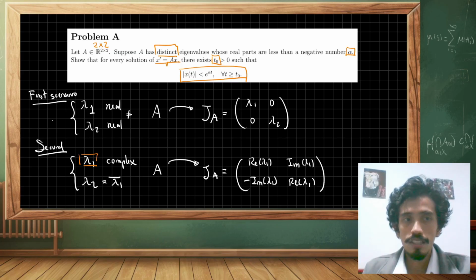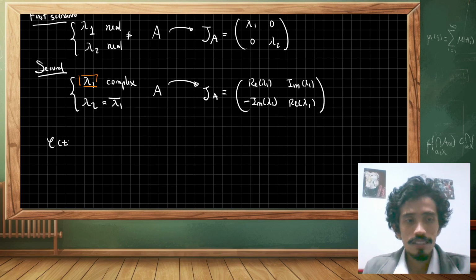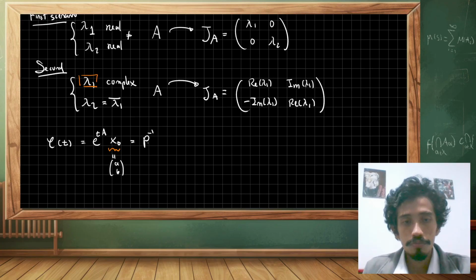So the first scenario we can analyze pretty easily. Let's say psi is a solution of this system, which means that it can be written like this, with some initial value, which we don't need to know. Then the theory tells us that this will be equal to some invertible matrix P to the minus 1 times the exponential of the Jacobian matrix times P times this one.